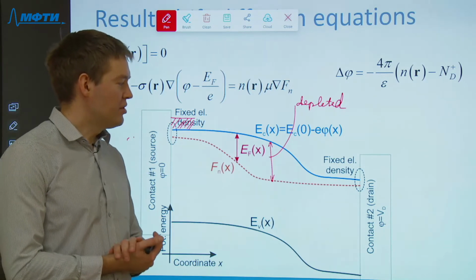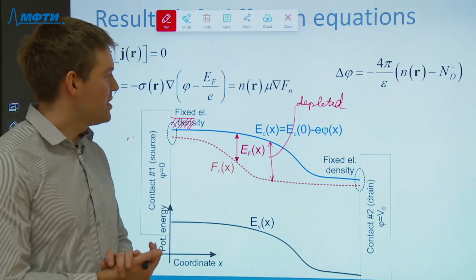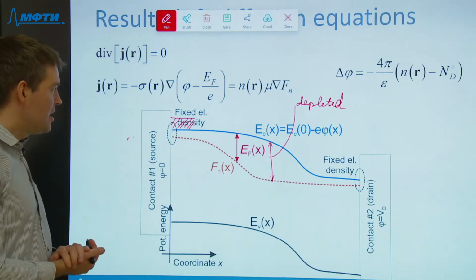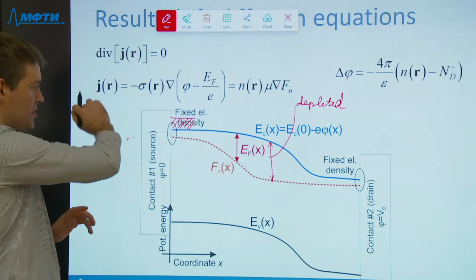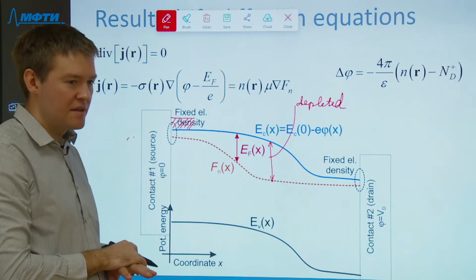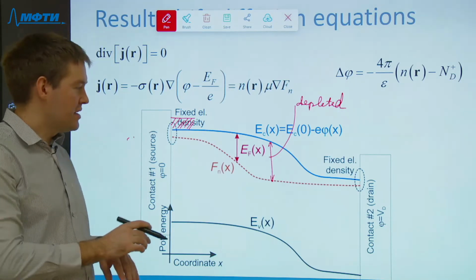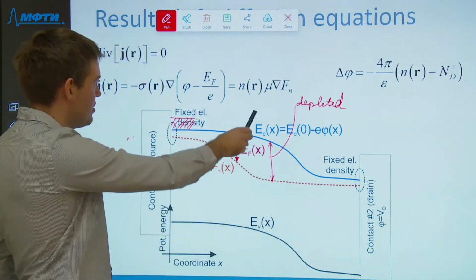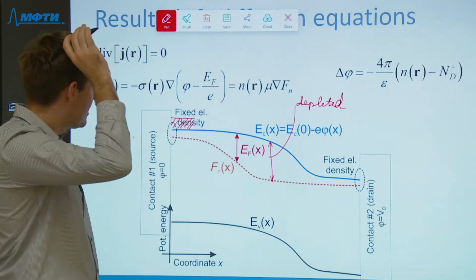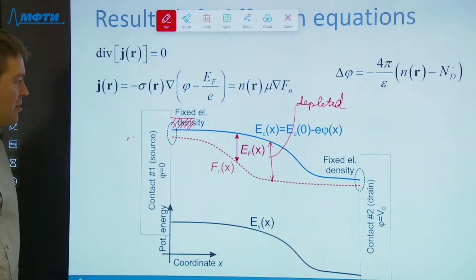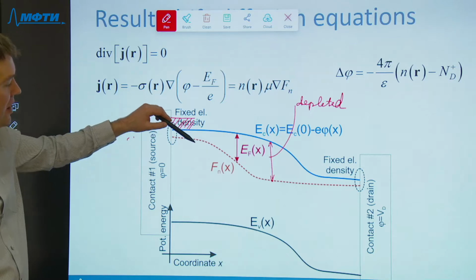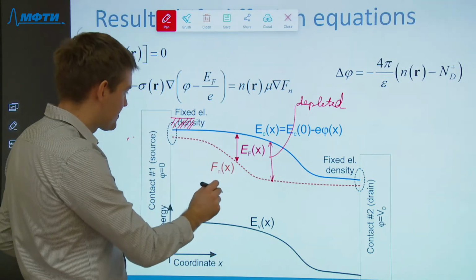So I have shown this picture, first of all, to make some image illustrating the functions that appear in these equations. These Quasi-Fermi levels actually show the direction of current. The electric current is proportional to the gradient of the Fermi level.